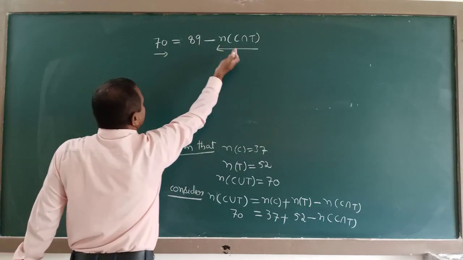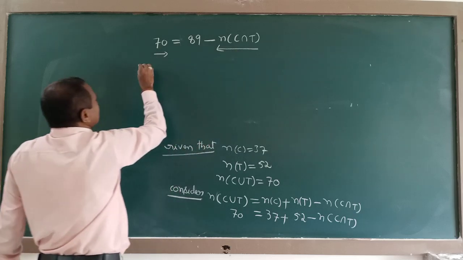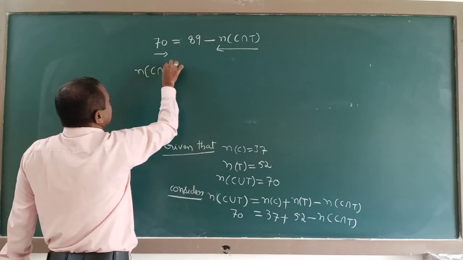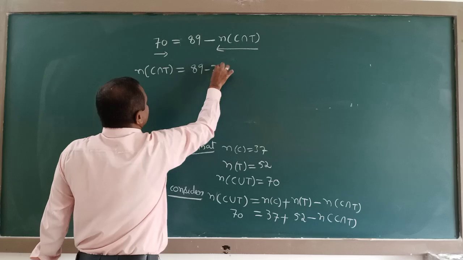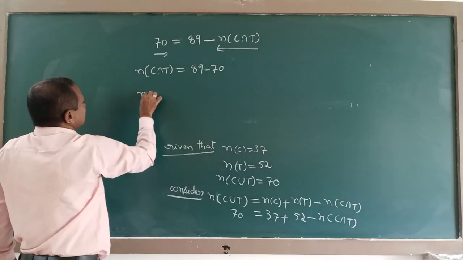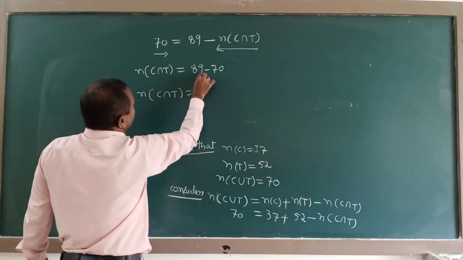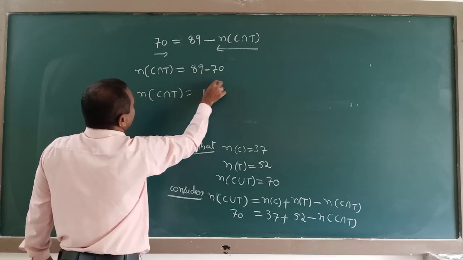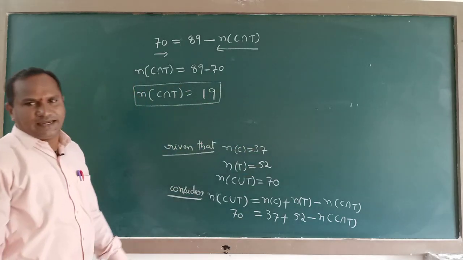If you send minus n of C intersection T, it becomes positive, that is n of C intersection T is equal to 89 minus 70. n of C intersection T is equal to 19, because 9 minus 0 is 9 and 8 minus 7 is 1. The 19 people, they like both coffee and tea here.